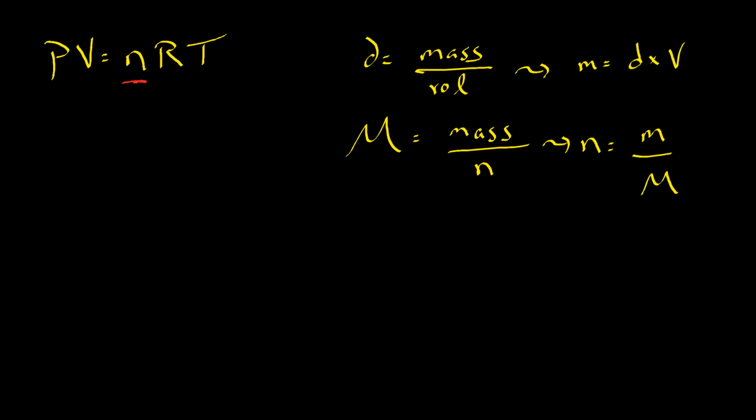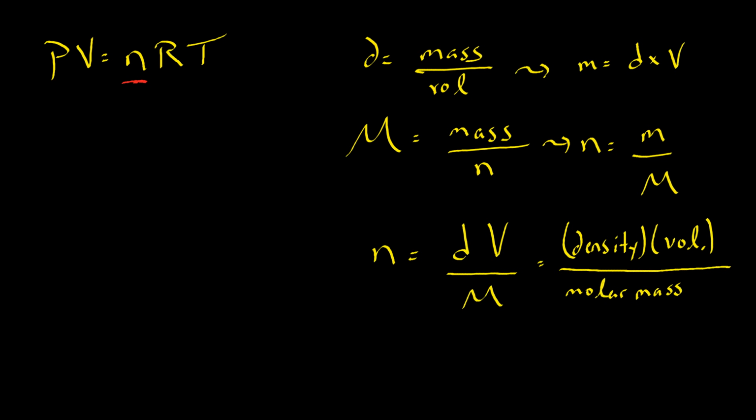Well, you just plug that top equation into the lower equation, and you get moles is equal to density times volume divided by molar mass. Still doesn't seem like we're heading somewhere? Oh, we definitely are. Let's plug dV over M in for moles in PV = nRT. And that gives us PV equals dVRT over M.